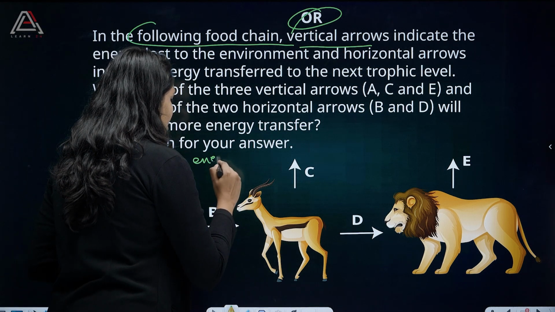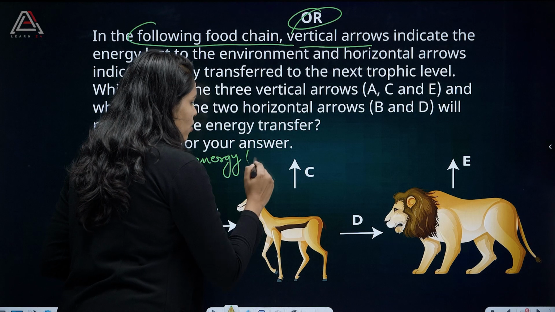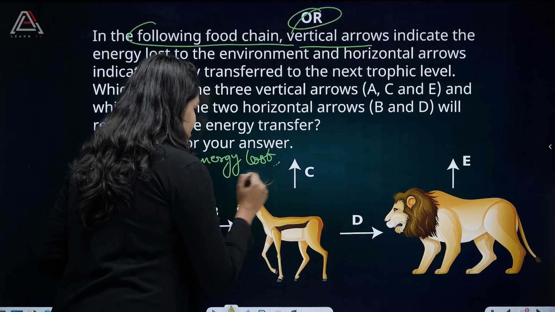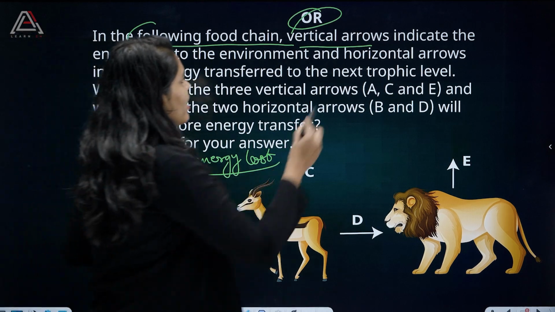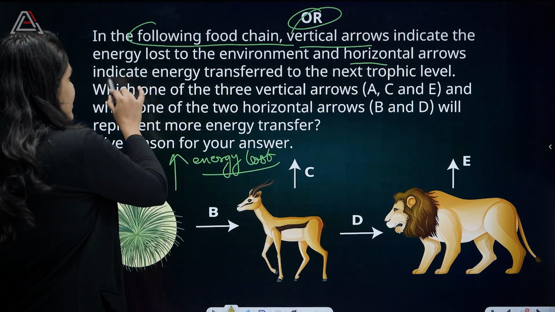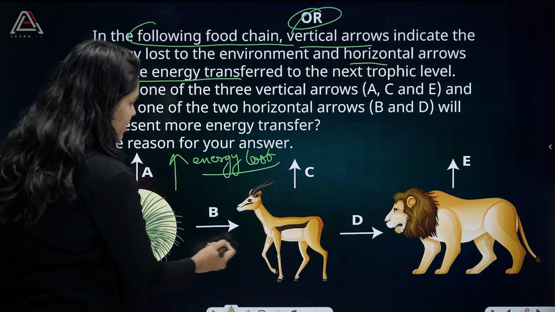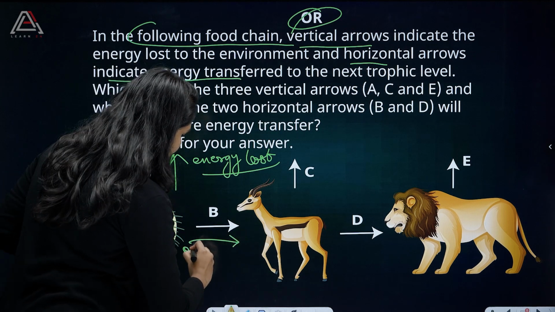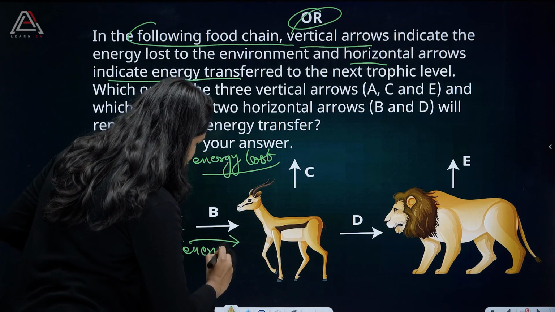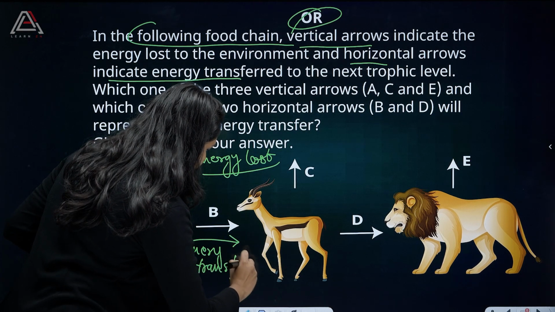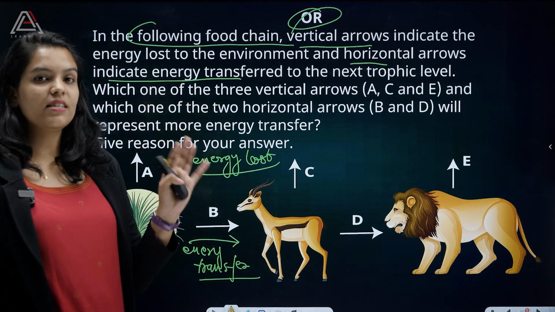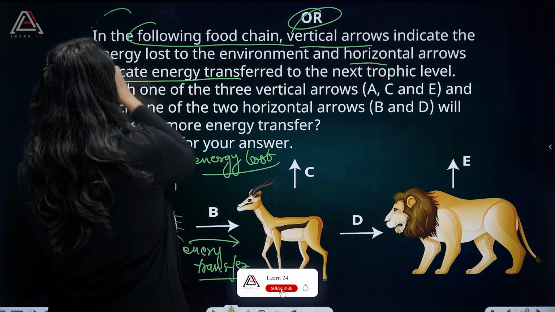And the horizontal arrows indicate the energy transfer, that is this arrow here. That is the condition provided to you in this question.